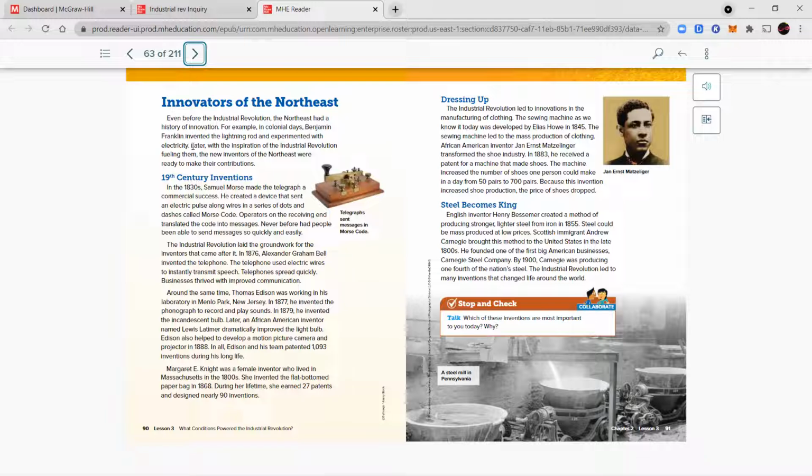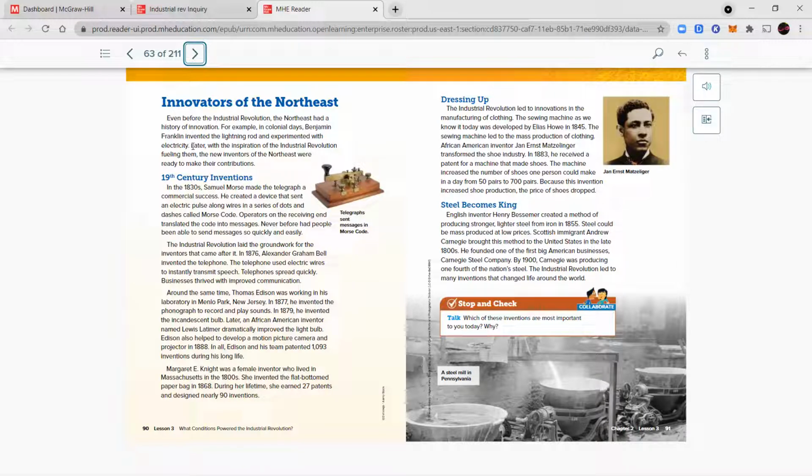In the 1830s, Samuel Morse made the telegraph a commercial success. He created a device that sent an electrical pulse along wires in a series of dots and dashes called Morse code. Operators on the receiving end translated the code into messages. Never before had people been able to send messages so quickly and easily.